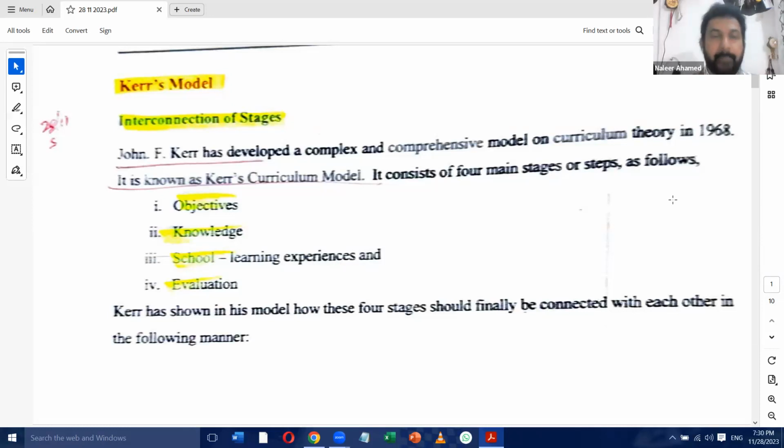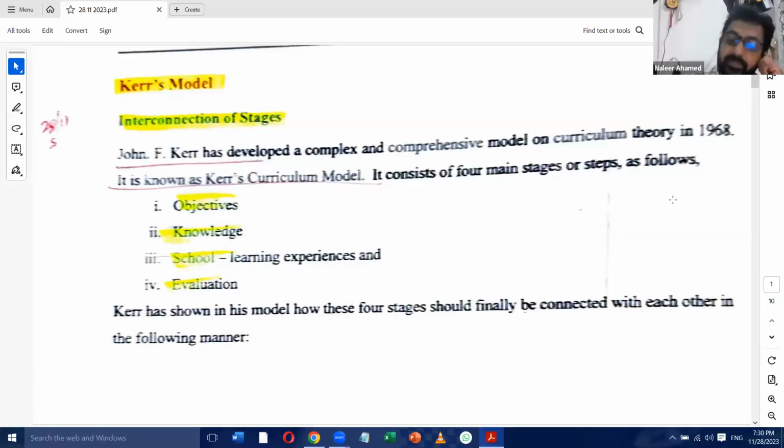What are they? Objectives, selecting contents, organization, and evaluation. That is Taylor's model.